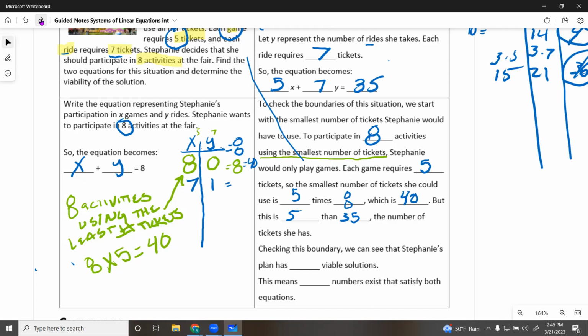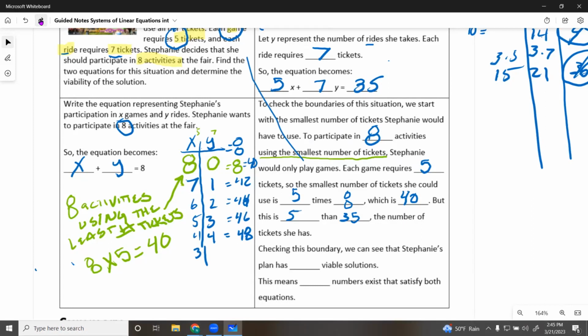And by the way, that one up there was 40. This one's 42. With 6 times 5 plus 2 times 7, that equals 44. 5 games and 3 rides would be 46. 4 games and 4 rides would be 48.